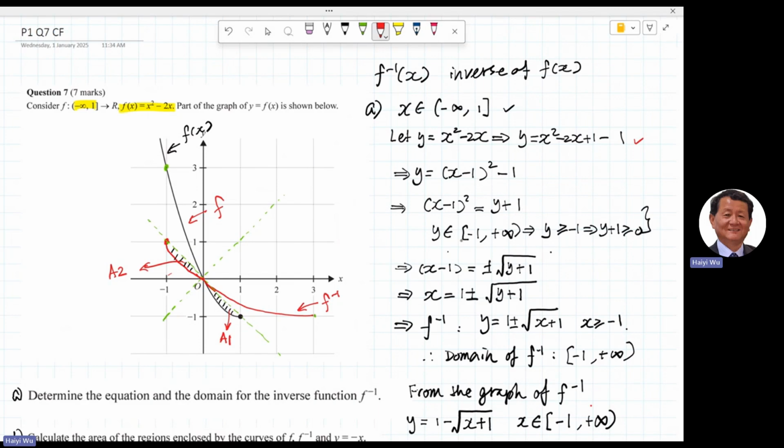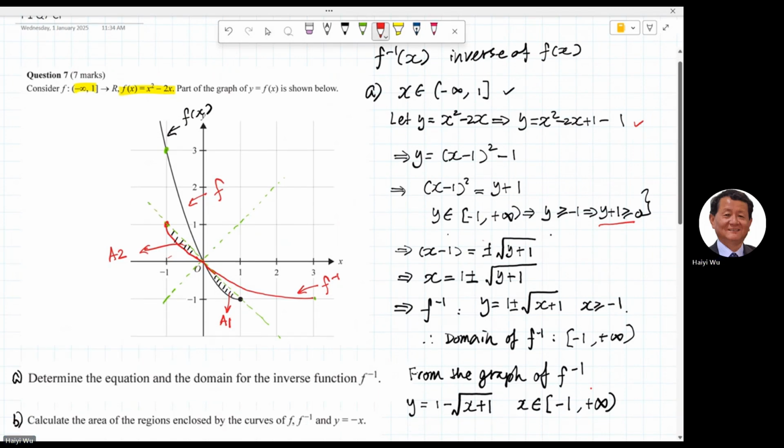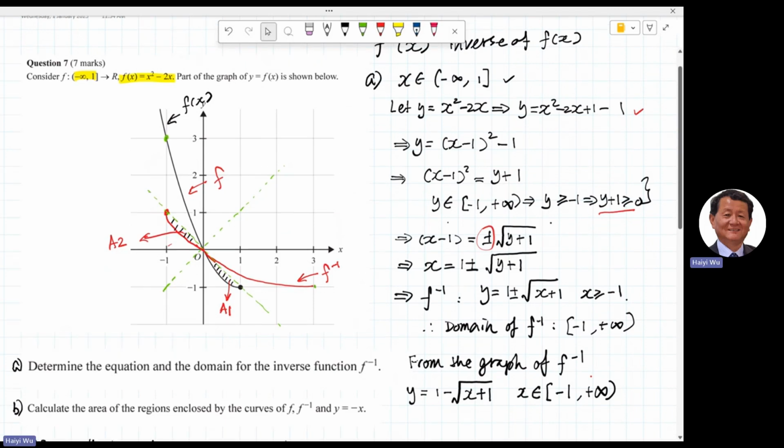Now, because y originally, you can see, is greater than negative 1, because if you look at the original function, the range is greater than negative 1. So therefore, y plus 1 should be greater than 0. So we can start doing the square root. But don't forget to put a positive and negative.